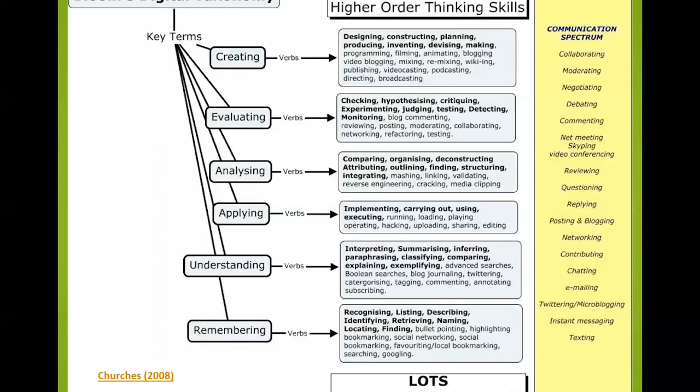And I have things like blog commenting or collaborating as the digital verbs there. So I can use a digital verb such as collaborating or blog commenting and set up a debate online where students use discussion forums to debate a topic related to the course.